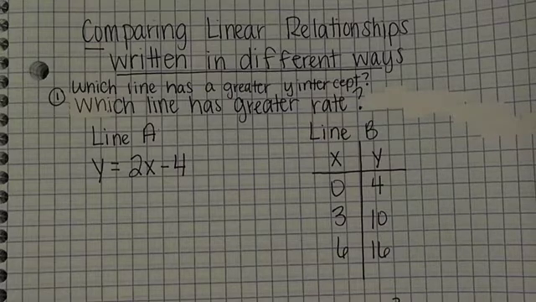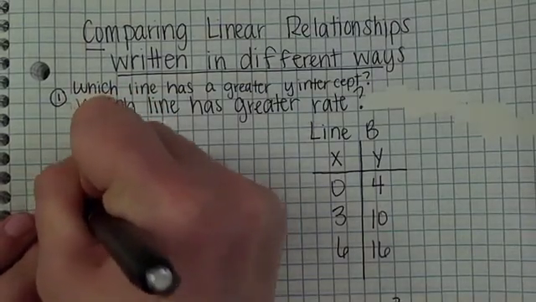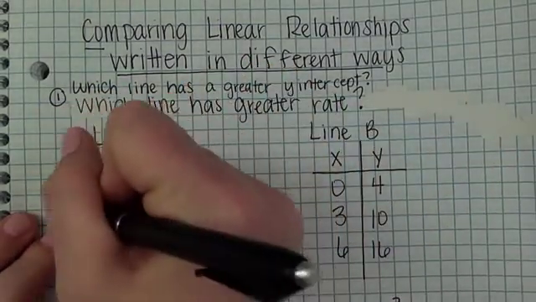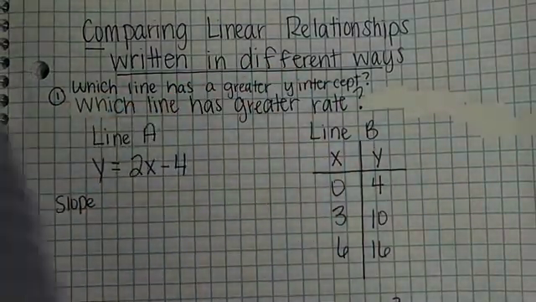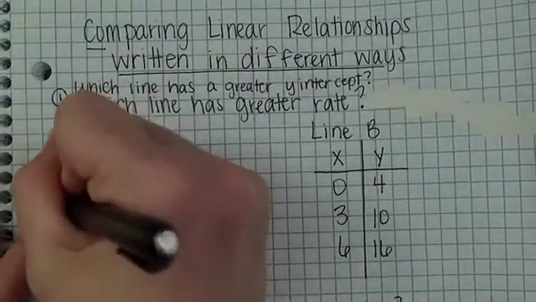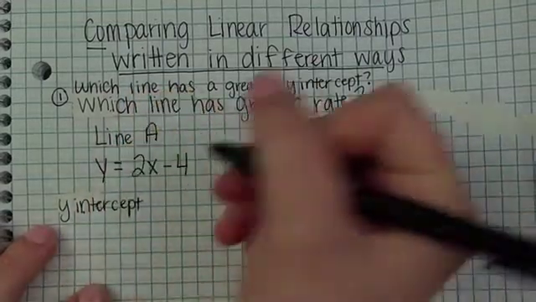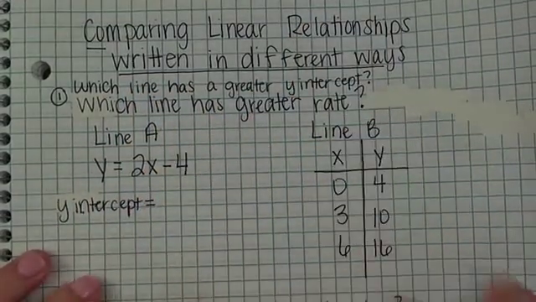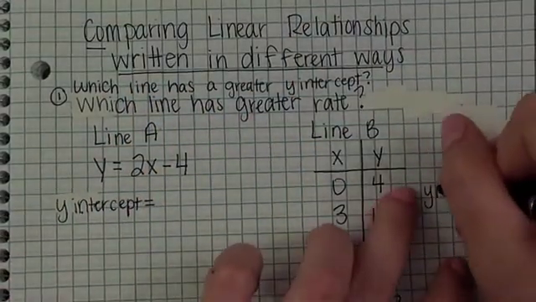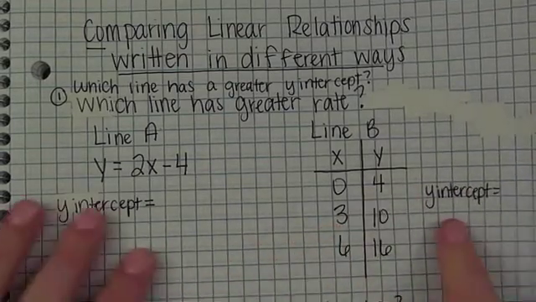So what I'm going to do is find the y-intercept for both lines. The y-intercept of this first one, and then the y-intercept of this one.